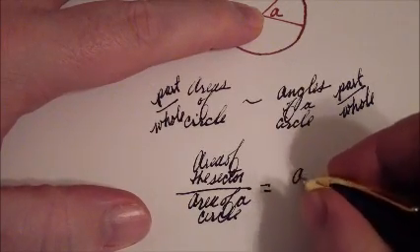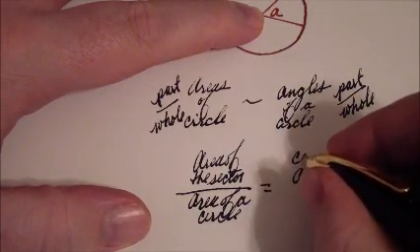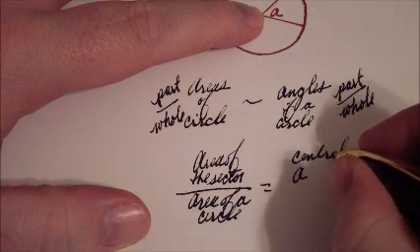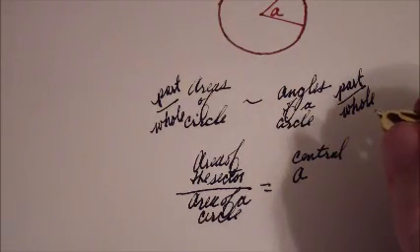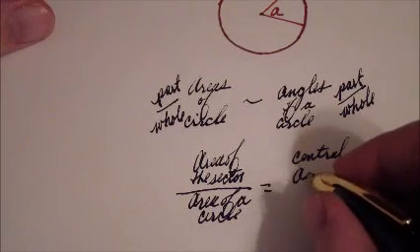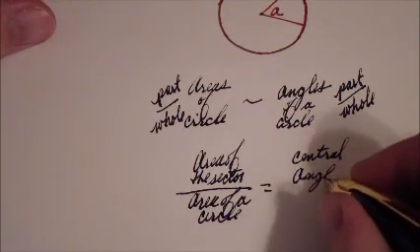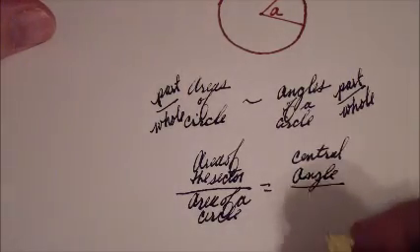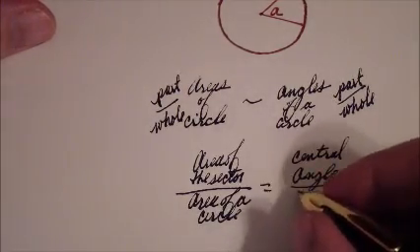So, central angle. And angle. And the total amount of angles of a circle.